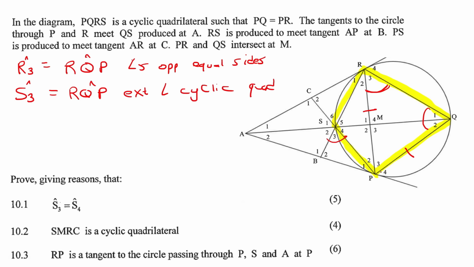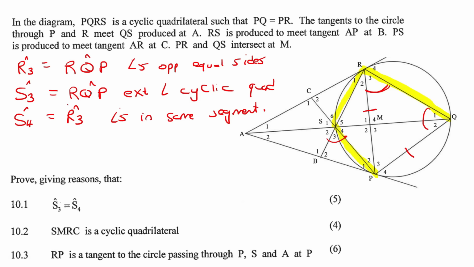The next thing is that if you look at this chord, can you see which angles that chord makes? Well, it makes this angle, but it also makes that angle, right? So you might just need to take some time and think about that. If you put your finger at P and Q, you'll see that your fingers can come together at S4, but they can also come together at R3. So S4 is the same as R3 because of angles in same segment.